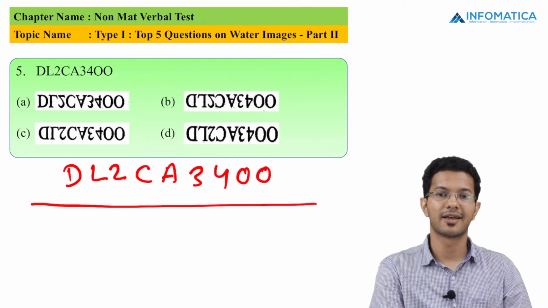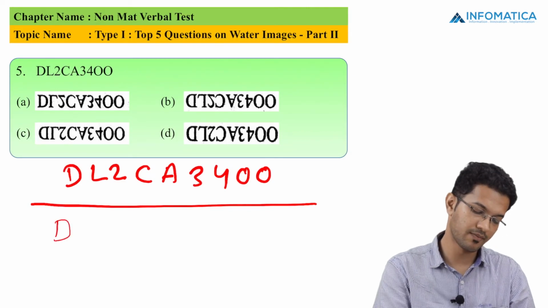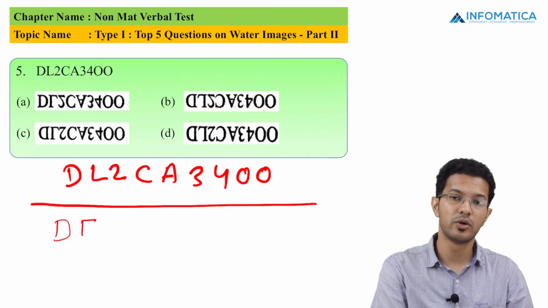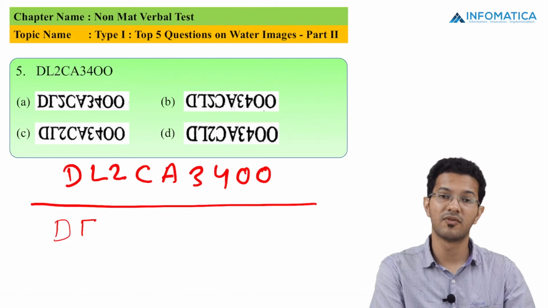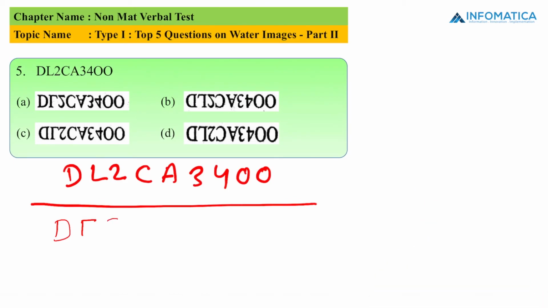So if I write the capital letter D, it looks the same, there will be no change in it. Next I go for capital letter L, it will look similar to this. As I told you, number 2 and number 5 will look the same when we go for the mirror image.